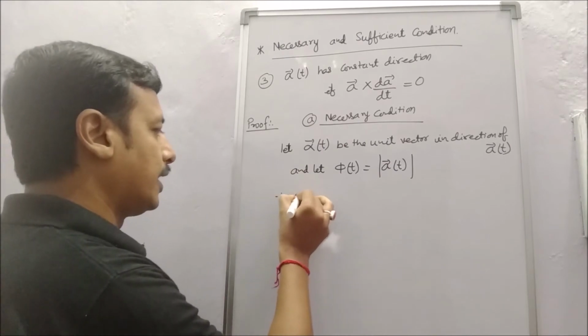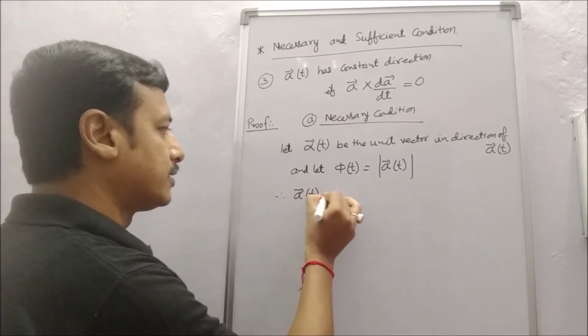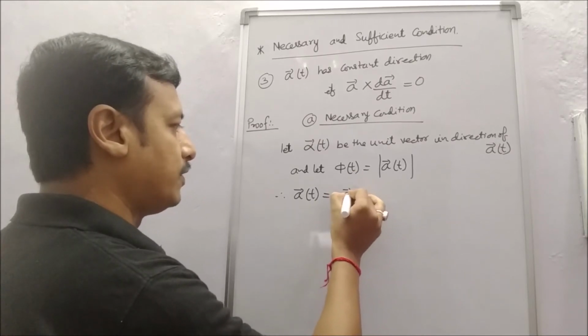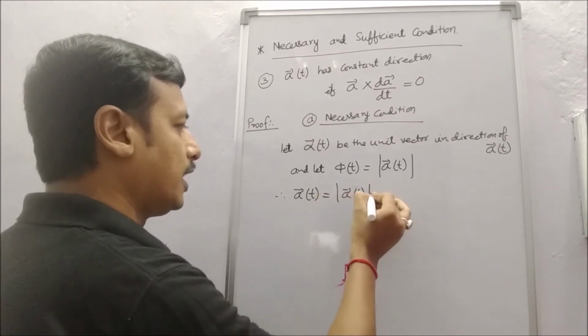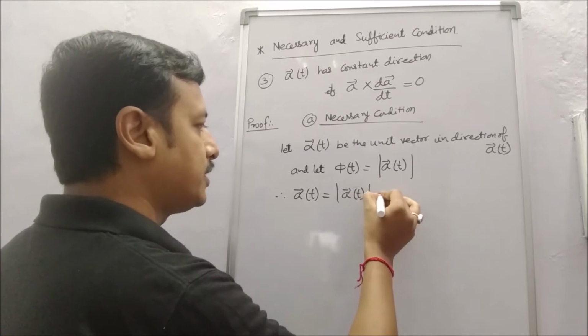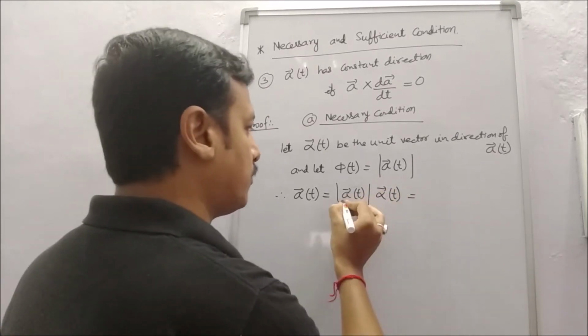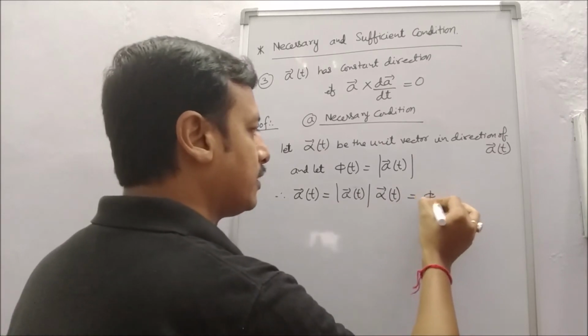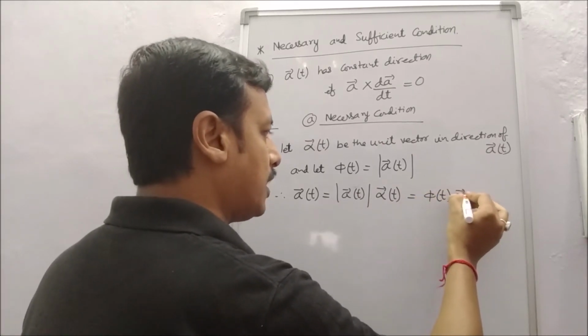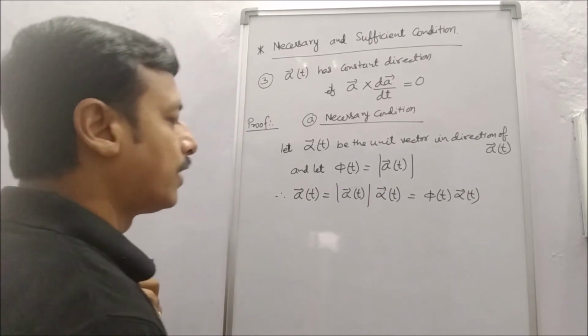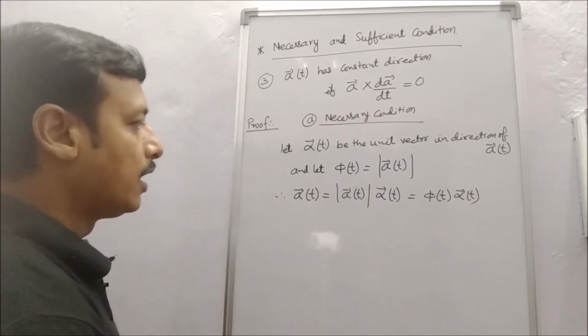Therefore, A(t) can be written as its modulus, phi(t), into its direction, that is alpha(t). So A(t) is phi(t) into alpha(t).